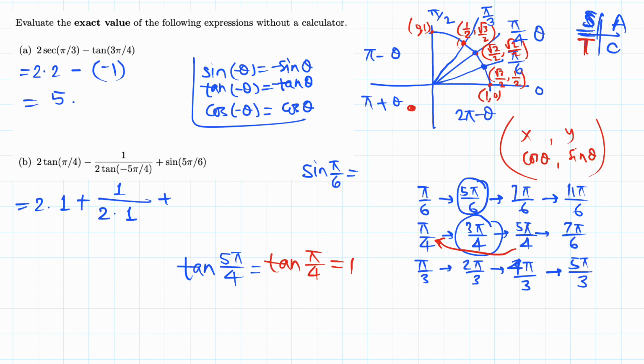Here, root 3 over 2, comma 1 over 2. The first value is cosine, 1/2 is sine. So sine pi over 6 is 1/2, and sine is positive in the second quadrant, so 1/2. So this is 2 times 1, 2, plus 1/2 plus 1/2, 1/2 plus 1/2 is 1, plus 2, that's 3.